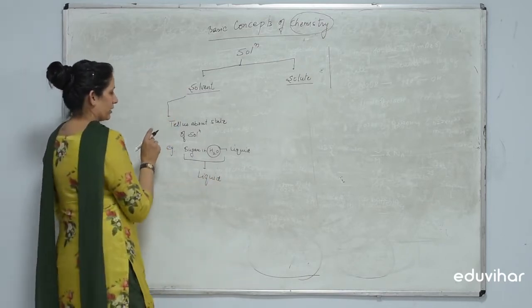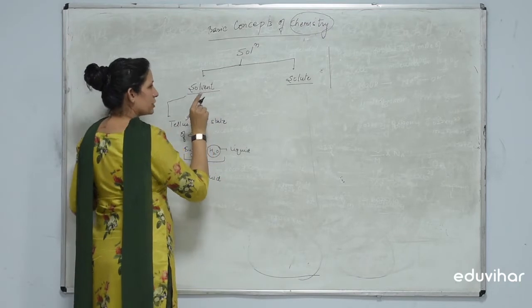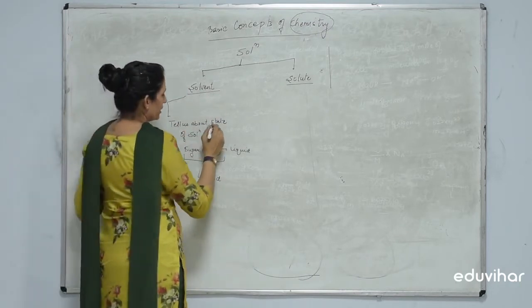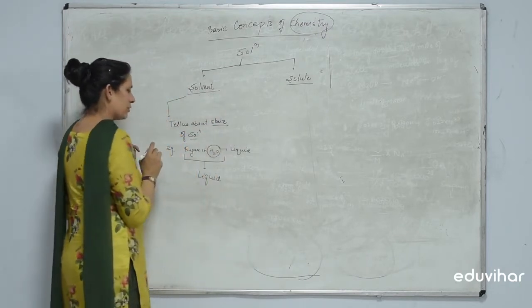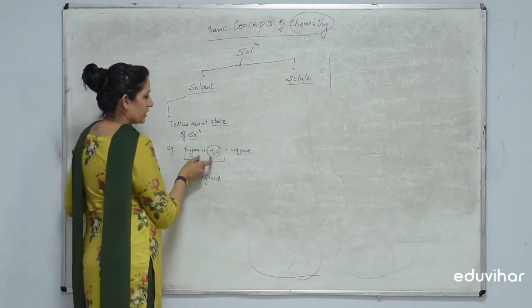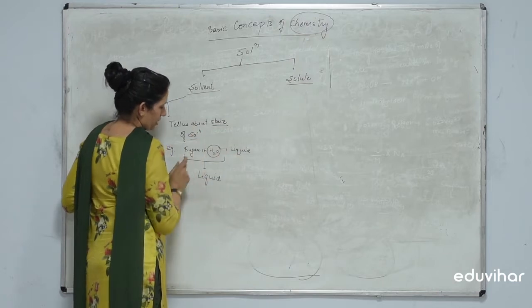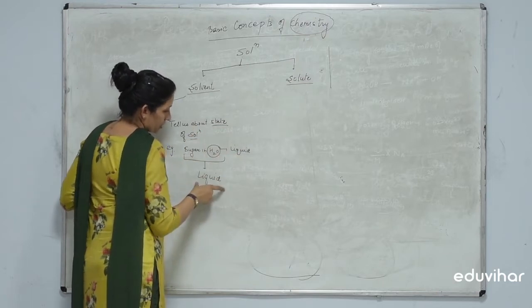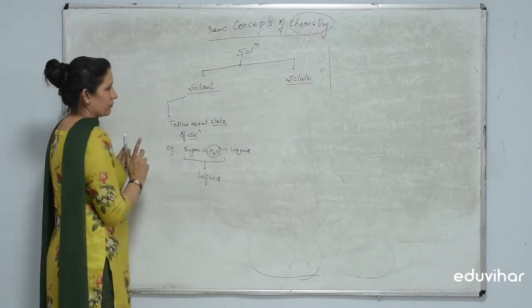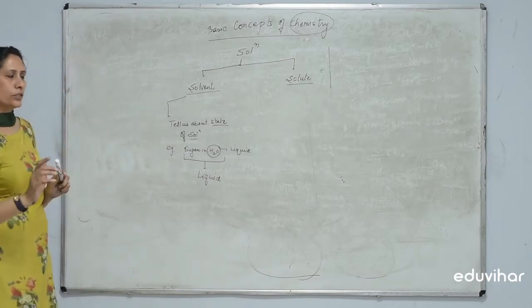Again, I am explaining this. The solvent present in the solution tells us about the state of the solution. Whenever sugar dissolves in water, the state of the solution becomes liquid. This solvent plays an important role.